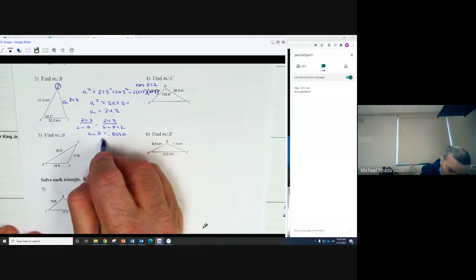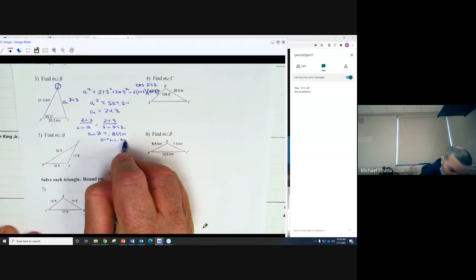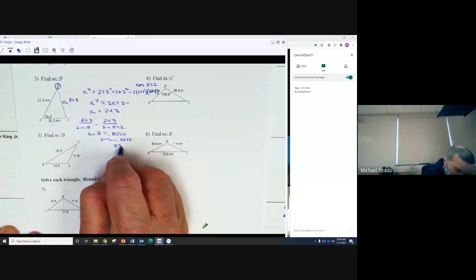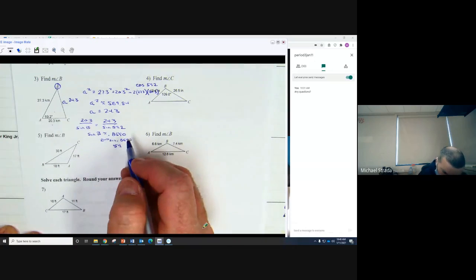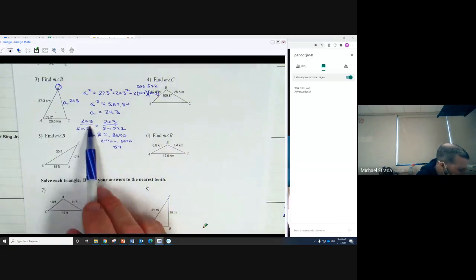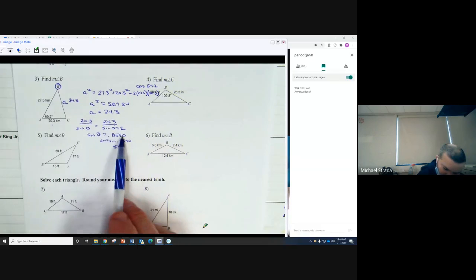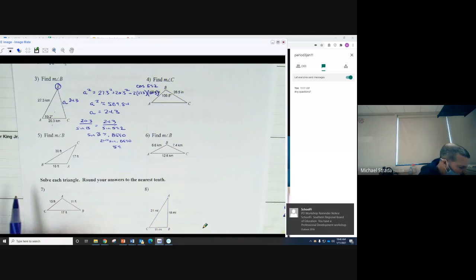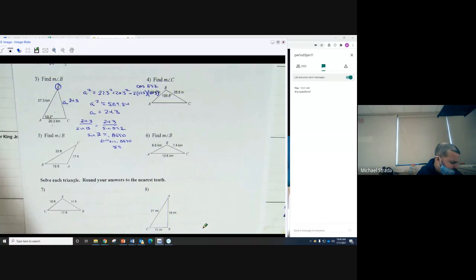And then do second sine of 0.8590, and I get about 59, going right back to where it started. 20.3 over sine B, 24.3 over sine 59.2. 20.3 sine 59.2 divided by 24.3.